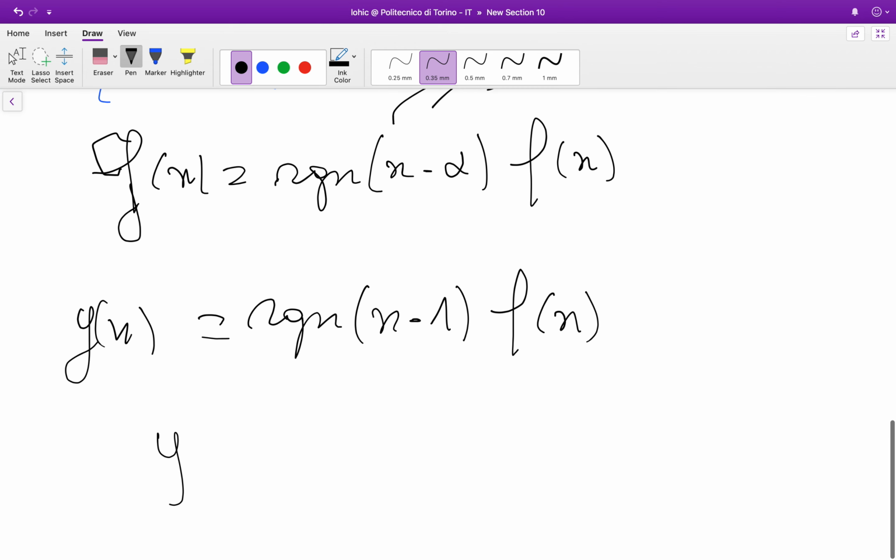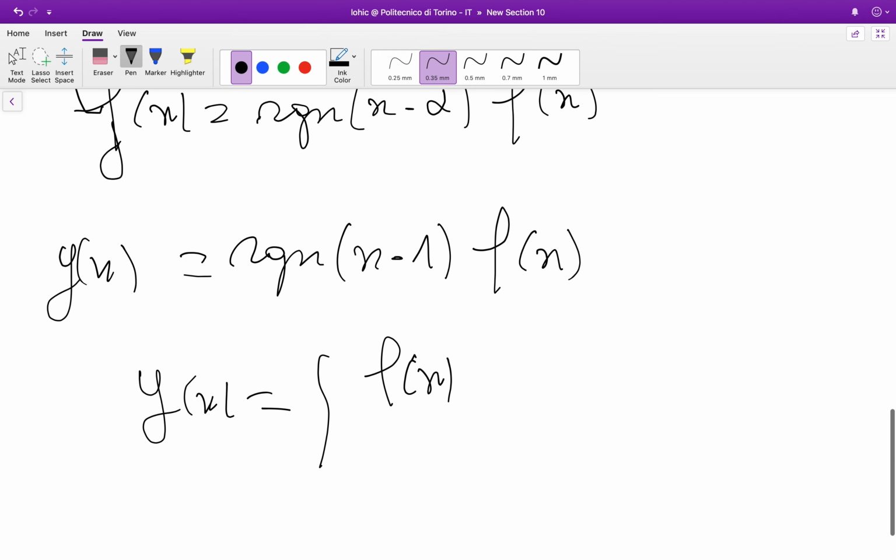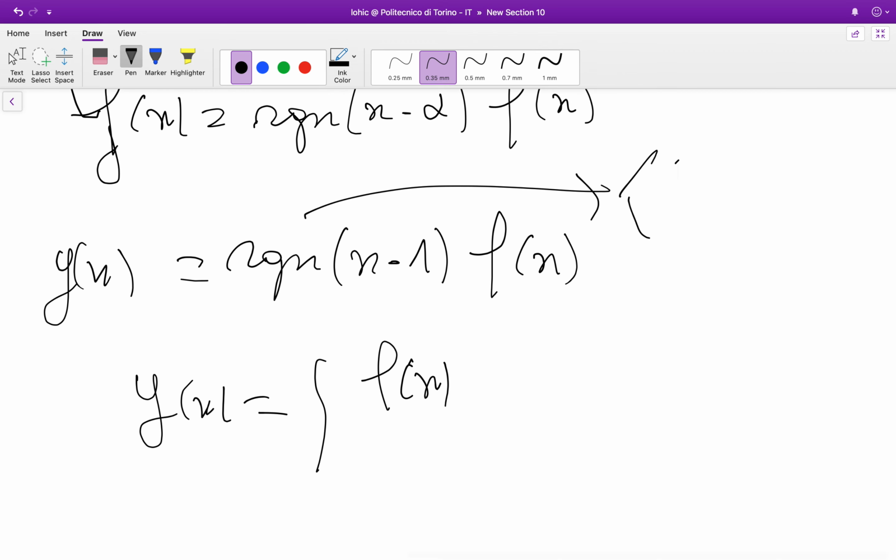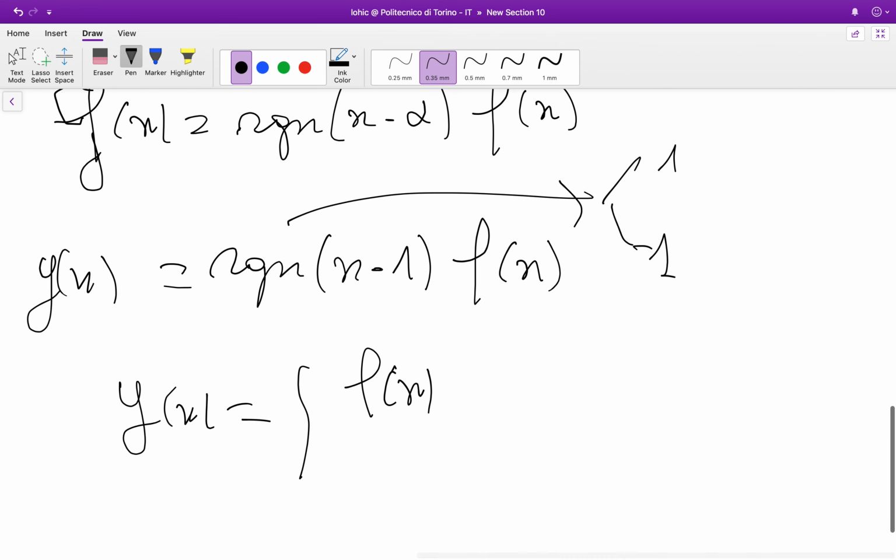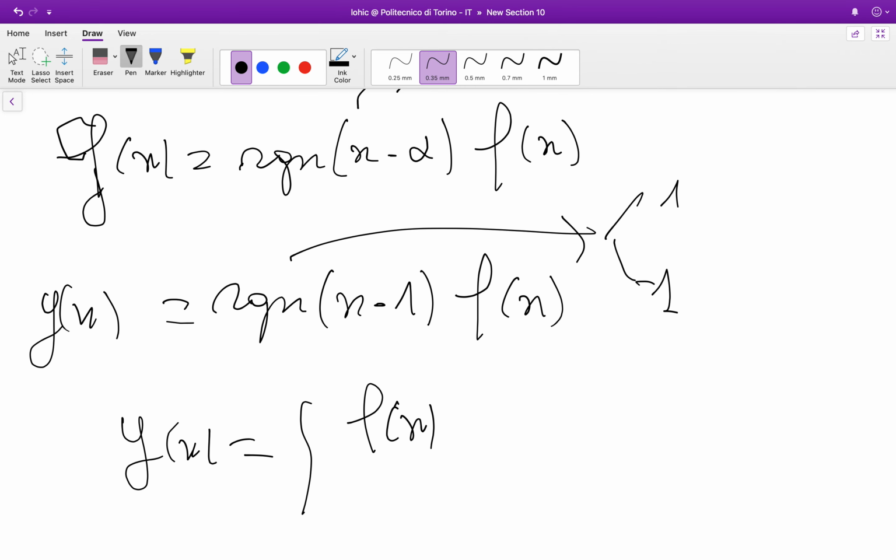It can be 1, minus 1, or 0. It will be 1 when x minus 1 is greater than 0, it will be 0 when x minus 1 is equal to 0, and it will be minus 1 when x minus 1 is smaller than 0.